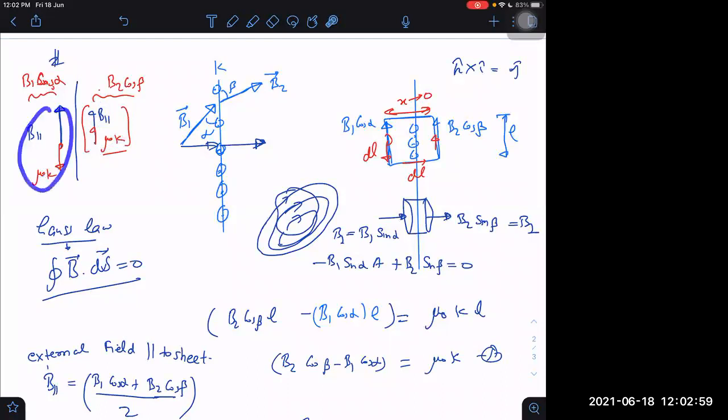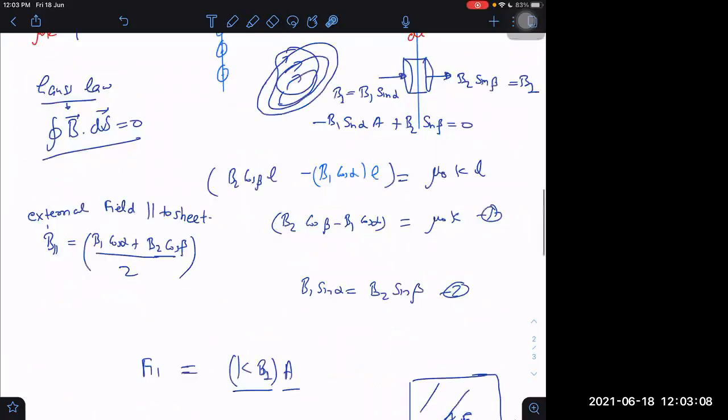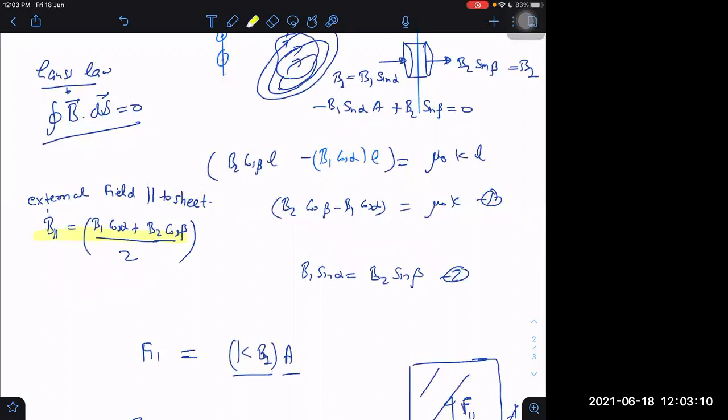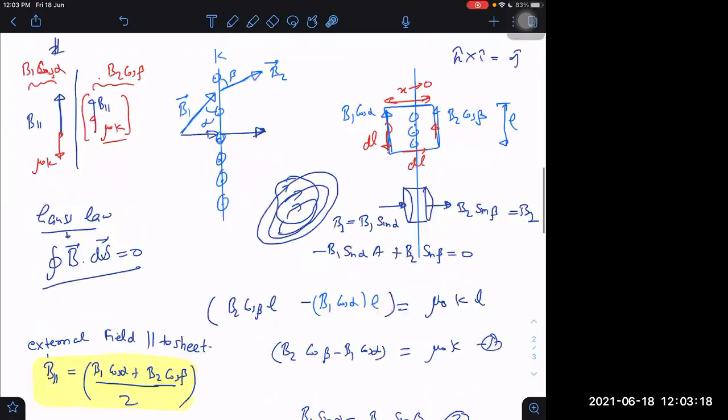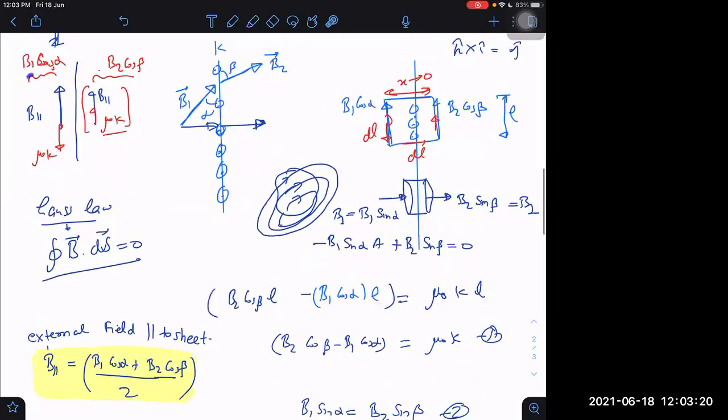If I add the left hand side with the right hand side, on one hand I'm getting B1 cos alpha plus B2 cos beta, on the other hand I'm getting 2 into B parallel. Therefore B parallel becomes B1 cos alpha plus B2 cos beta by 2. That is what it becomes, right? Because B1 cos alpha is equal to this total, and B2 cos beta is equal to this total. What does B parallel mean here? B parallel is the external magnetic field which is parallel to the sheet.